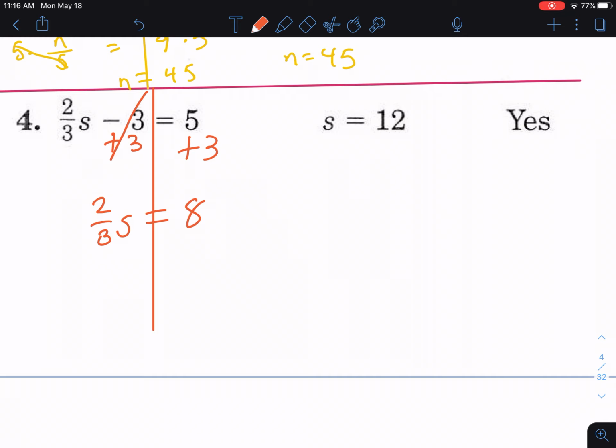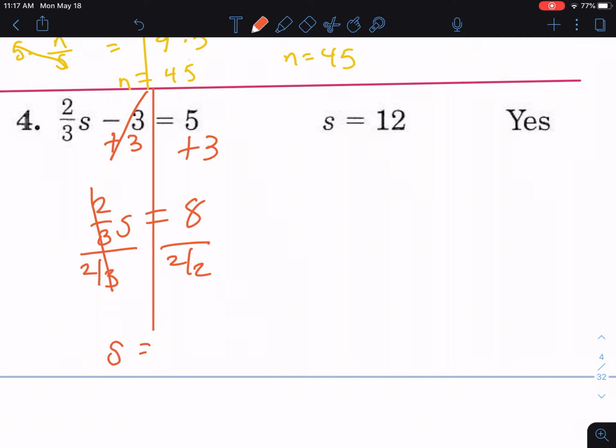Okay, so now we have 2/3 times s. The opposite of multiplying is dividing. So we're going to divide both sides by 2/3. These will cancel out. So now we have s equals, we're going to do 8 divided by 2/3. Go ahead and plug that in your calculator.